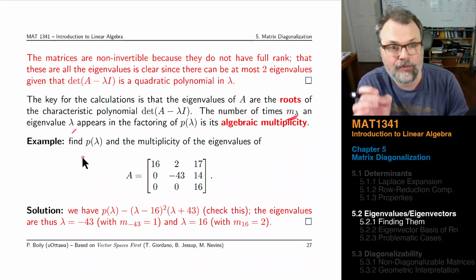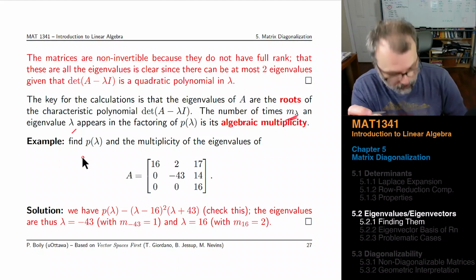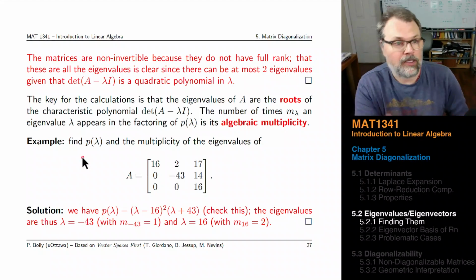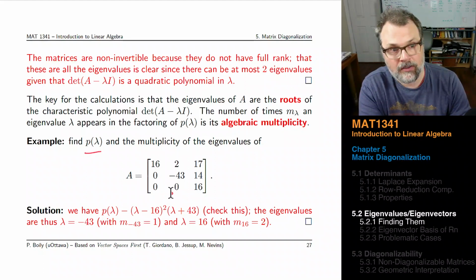It is the algebraic multiplicity of lambda. So what is the characteristic polynomial of this matrix A here, and what's the multiplicity of the eigenvalues?